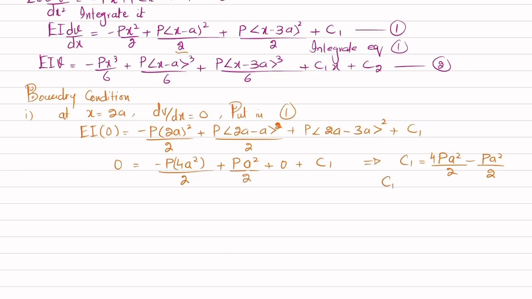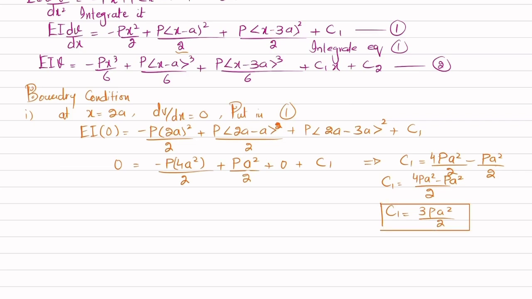So C1, if you take the LCM, will be equal to 4P a square minus P a square, so C1 will be equal to 3P a square over 2. This is the value of C1.